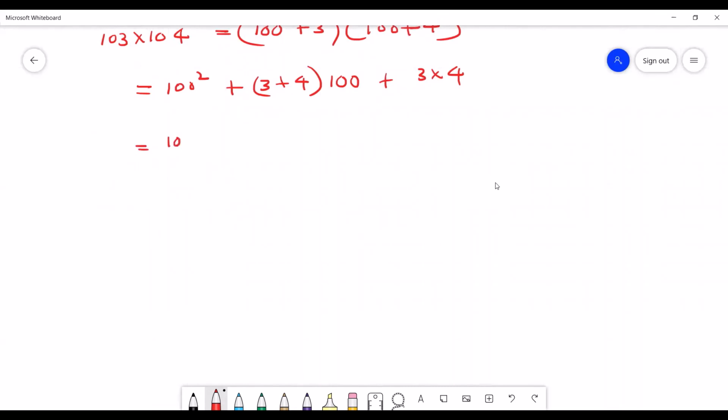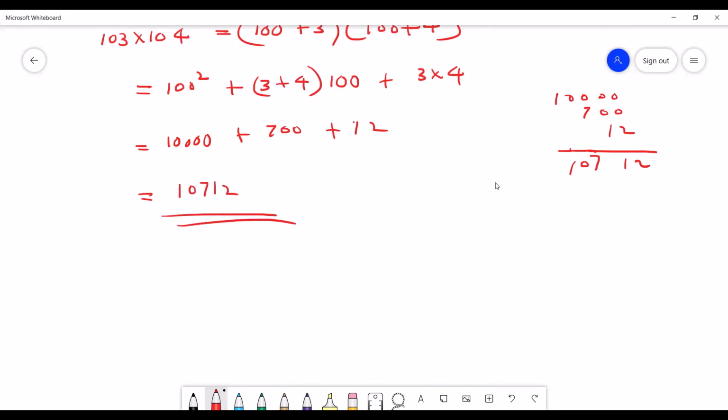So here it will become, add 2 more 0s, 10,000, then 3 plus 4 is 7, so 700, plus 3 into 4 is 12. Then add all these things: 10,000, then 700, then 12. So the answer is 10712.